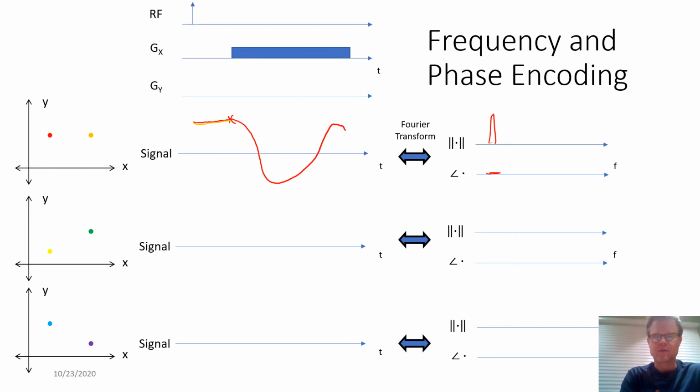And we're going to see for the other point source in this object, it's further away in x, so it has a higher resonance frequency, but it starts at the same amplitude here, so it has the same phase. So the phase of our sinusoids is related to the starting amplitude. And that's going to become important when we add in the phase encoding gradients.